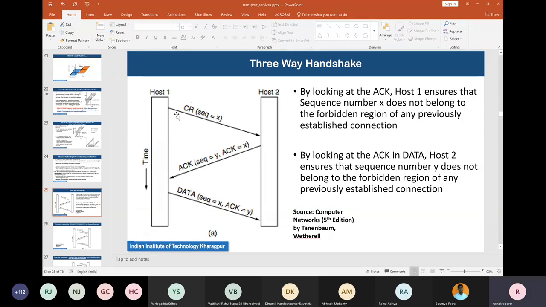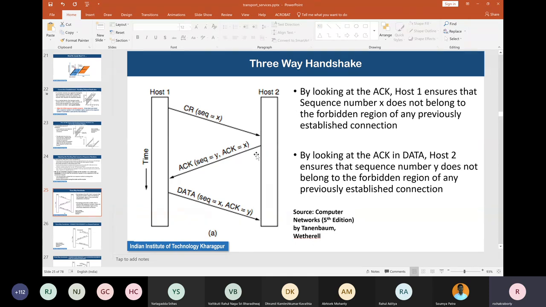So remember that the connection request does not correspond to sequence number X. The first segment that it sends has the sequence number X. So through the connection request message, it was saying that when I start sending data to you, my first segment will have sequence number X. Okay.